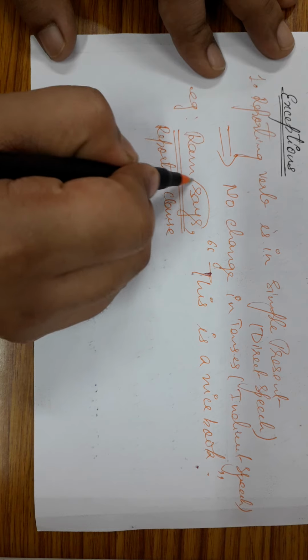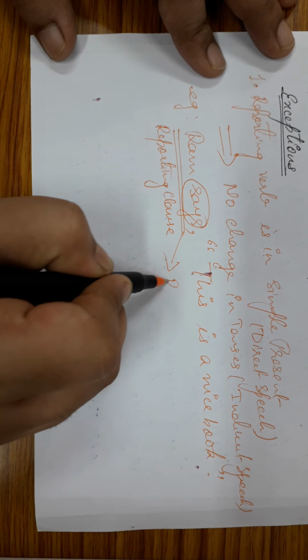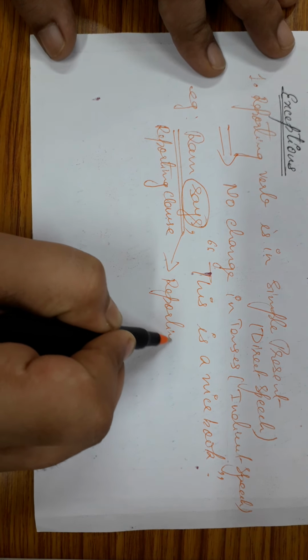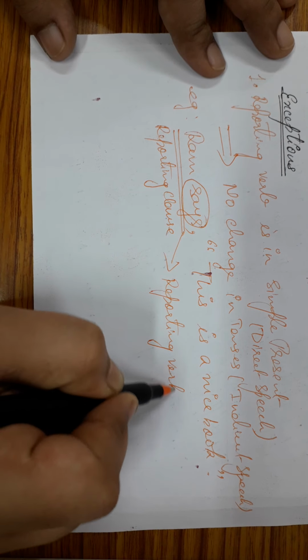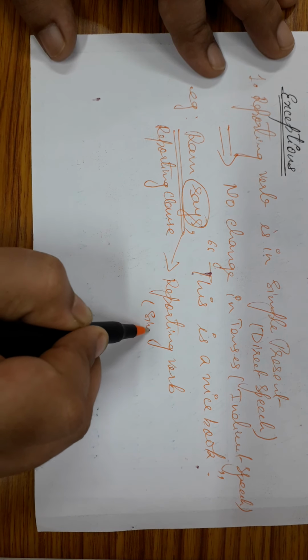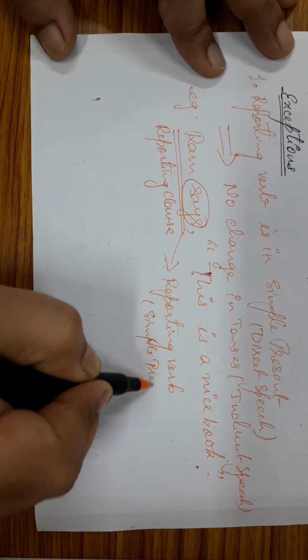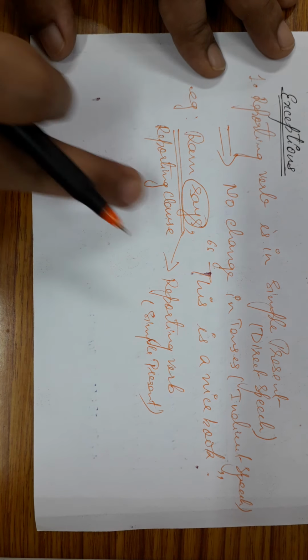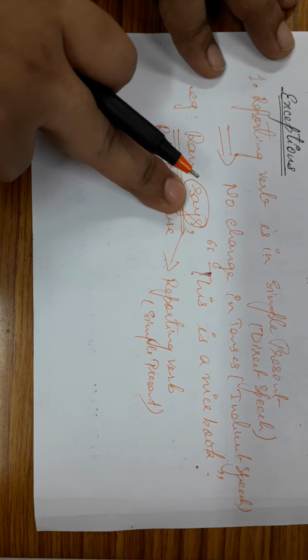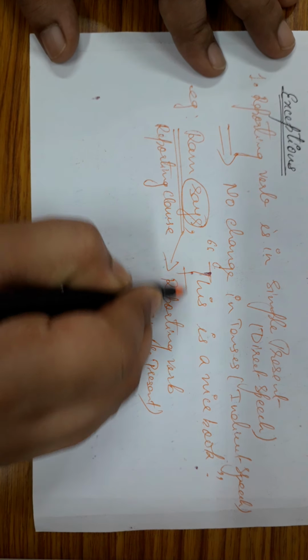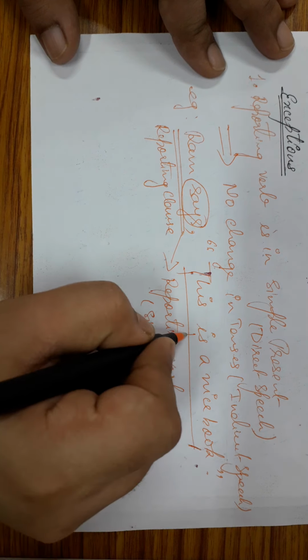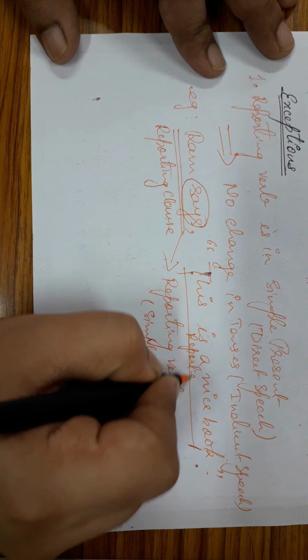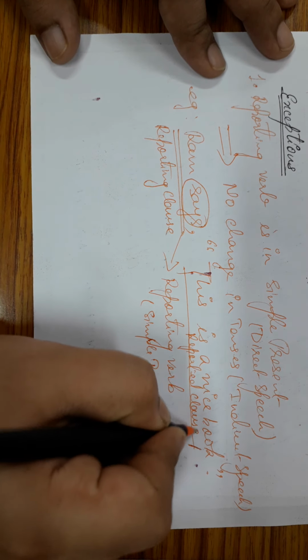Now this reporting verb is in simple present. Now the exception is when the reporting verb is in simple present, there is no change in the tense in the reported clause when this is converted into indirect speech.